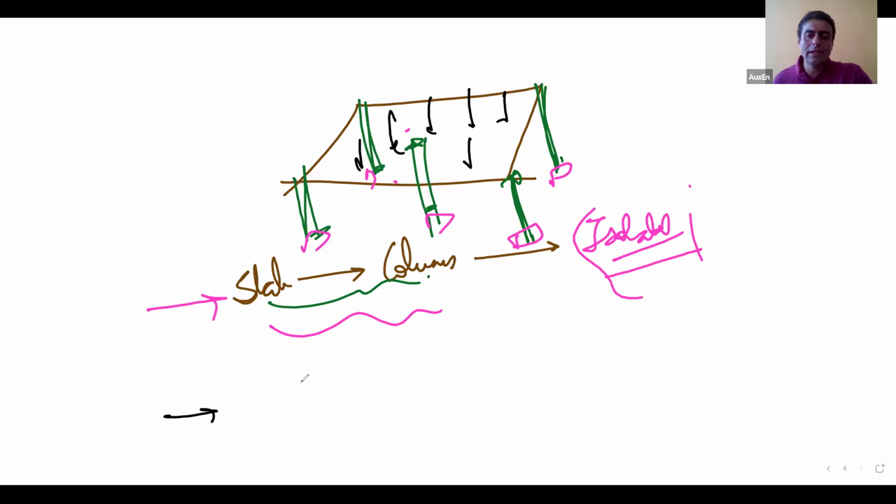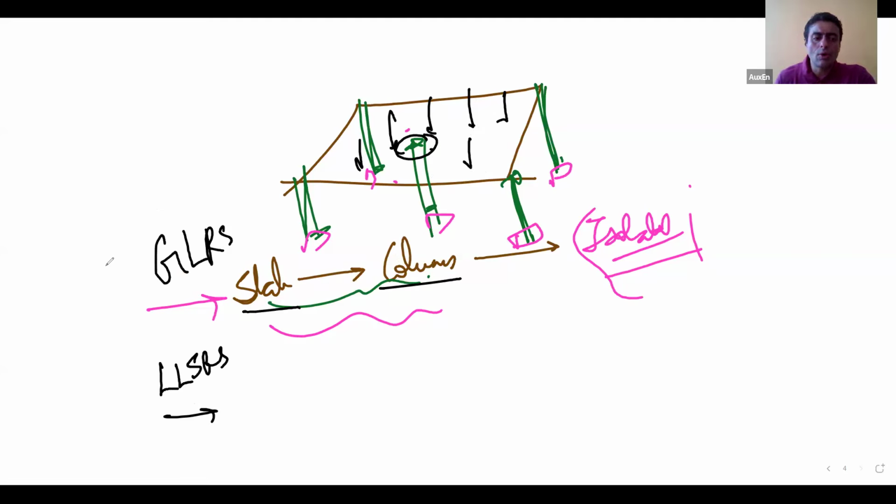Now, when you have, let's say, a location where seismic loads are critical, or a high seismic zone region, for gravity loads you can rely on the transfer from slab to column. But for lateral loads, you are not very comfortable with the slab directly transferring loads to the column, because it's a potential weak zone.